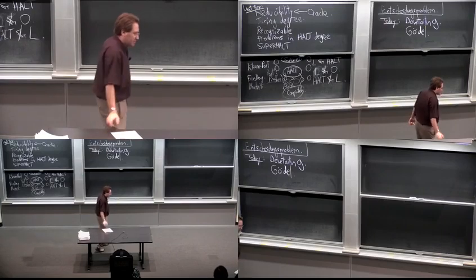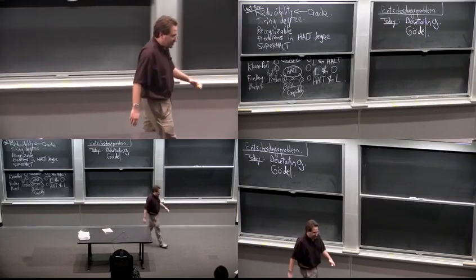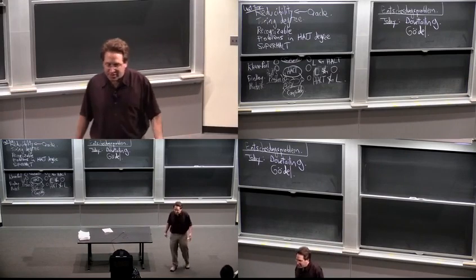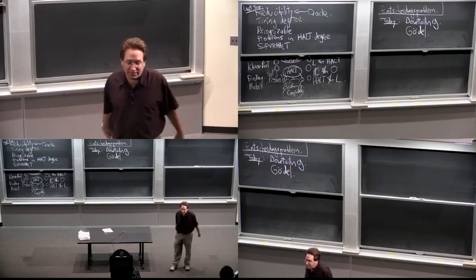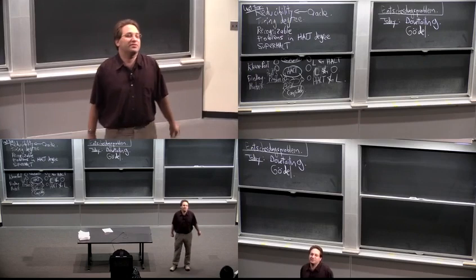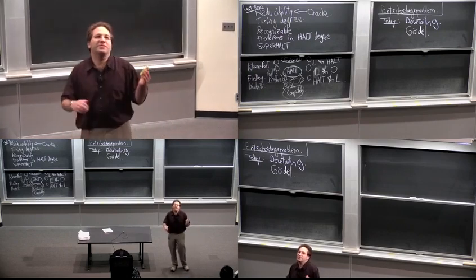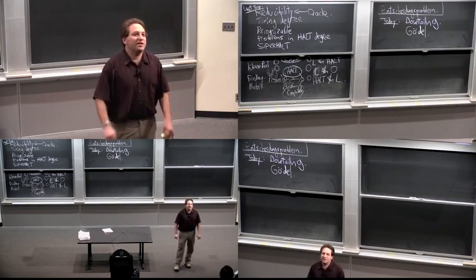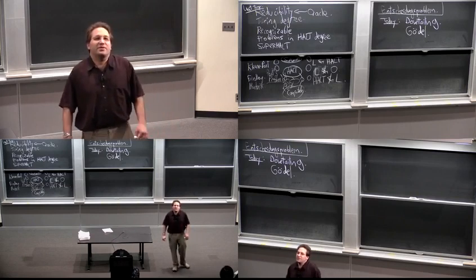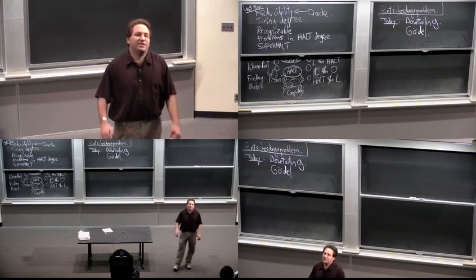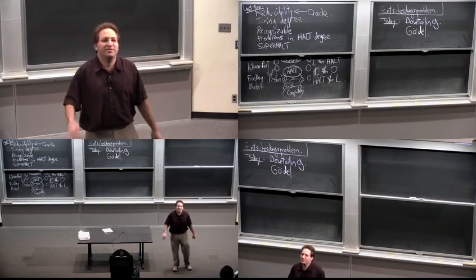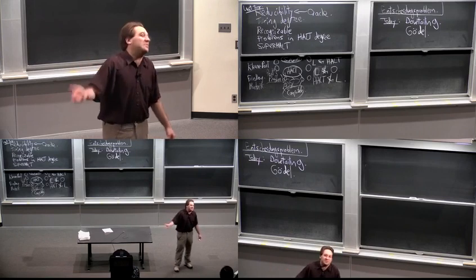So you saw on Tuesday that you can give reductions to show other problems are Turing equivalent to the halting problem. For example, the halting problem for Turing machines that take input is equivalent to the halting problem for Turing machines that don't take input.